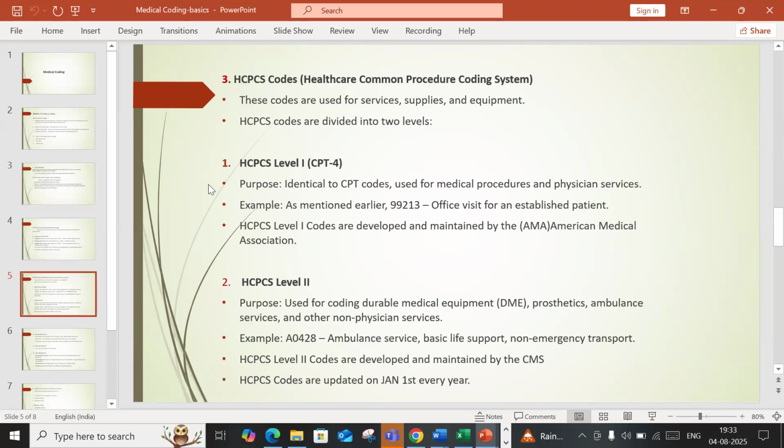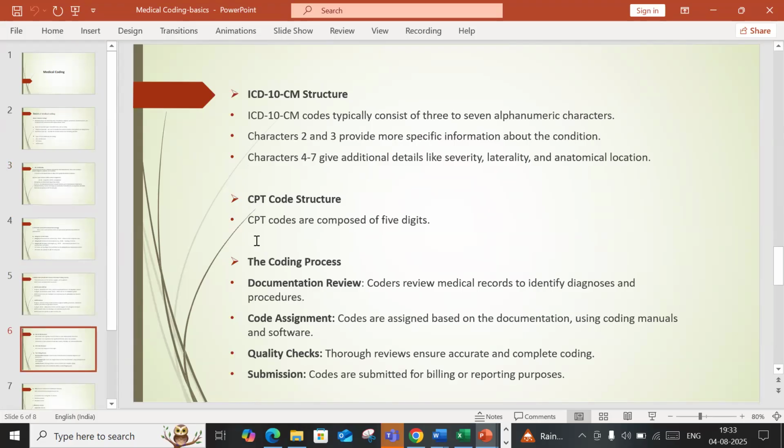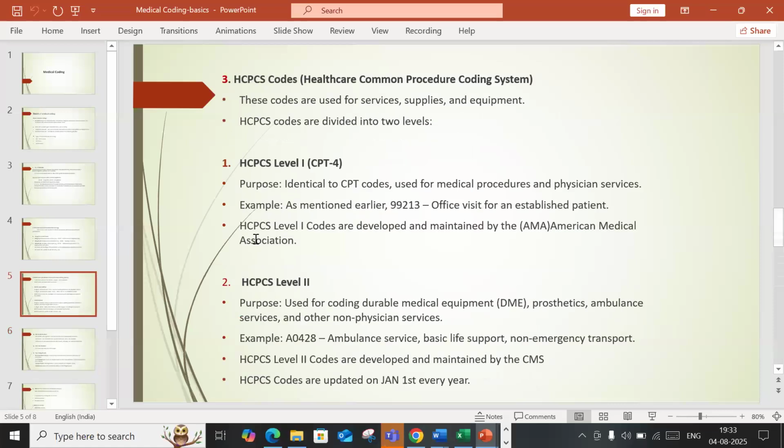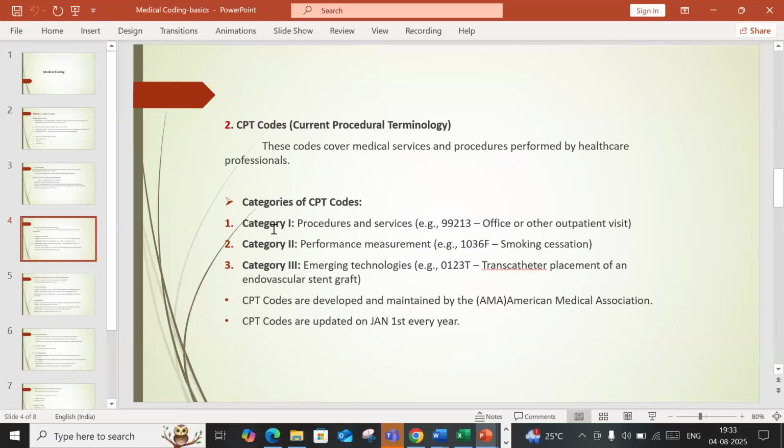And coming to CPT code structure, those codes are composed of 5 digits, 5 numericals. If you see CPT Category 1, all numericals we are having. The CPT code range starts from 00100 to 99499. Within this code range, 6 chapters will be there that we will discuss in the coming classes when we take up CPT.